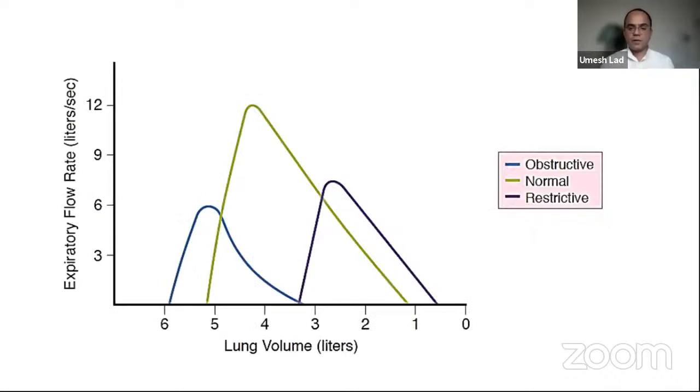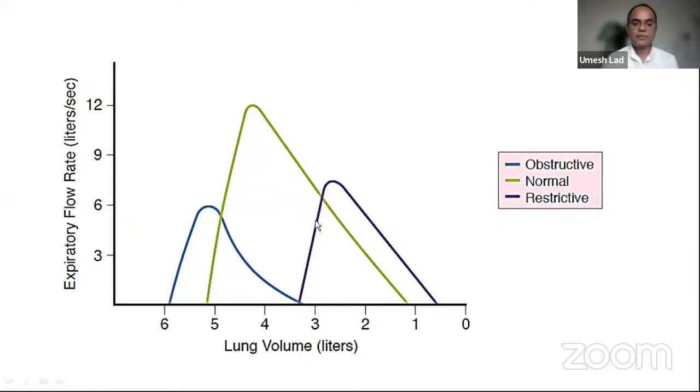Normally, there are two basic classifications of the disorder. One is obstructive, another is restrictive. In obstructive disorder, the total lung volume will increase, but FVC and FEV1 will decrease. In restrictive disorder, the lung volume is decreasing, and the FEV1 is decreasing.